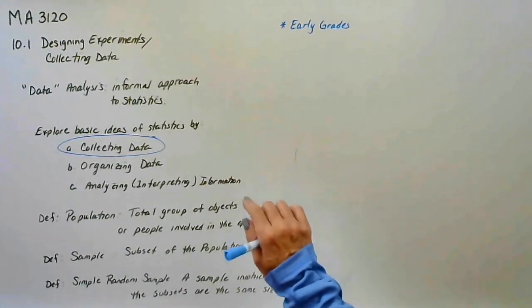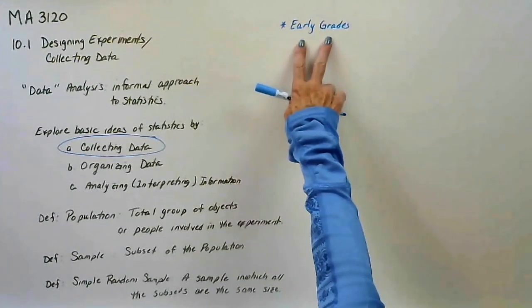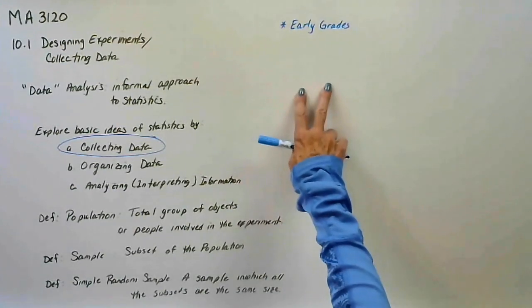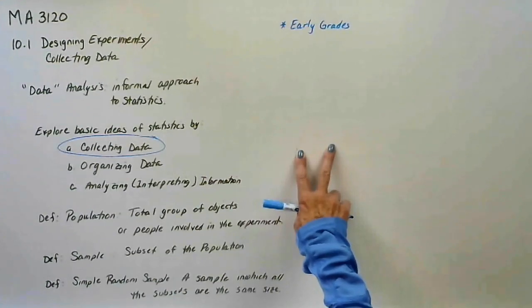Or you could say early grades are elementary education, K through 12, middle grades are your undergraduate degree in college, and the upper grades is anybody working on a PhD program. So you can see where you can redefine what we mean by early, middle, and upper.